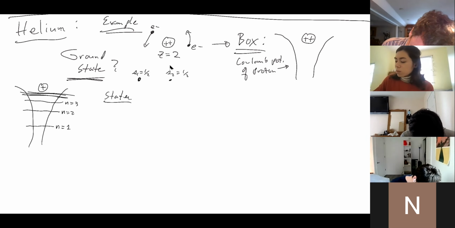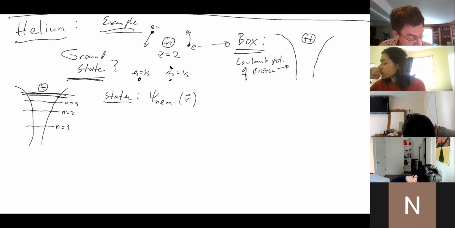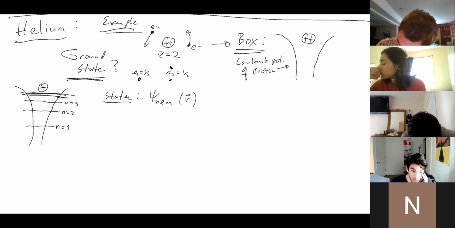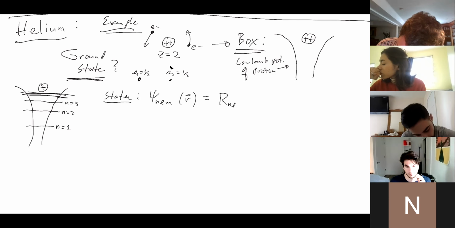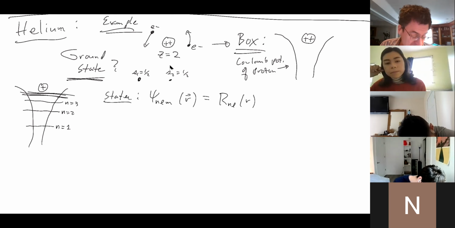The single particle states are psi n, l, m, and you guys all did this last semester, so this is review, but you might not have it all memorized. Remember that the atomic states have a radial part, NL, and then there's an angular part. Can somebody tell me what the angular part is of the wave function for an atomic state?